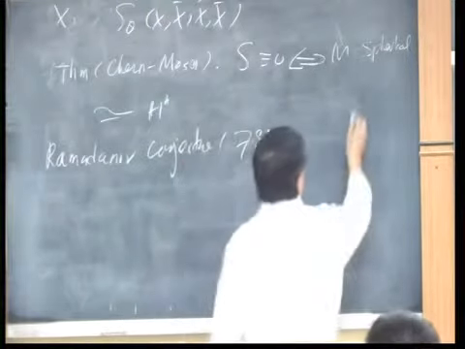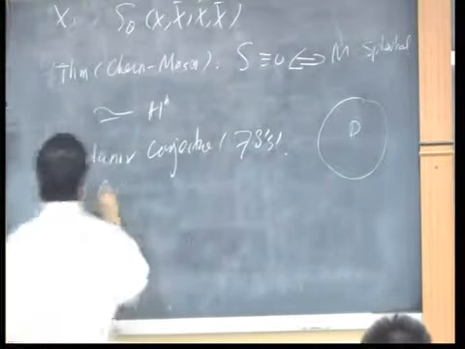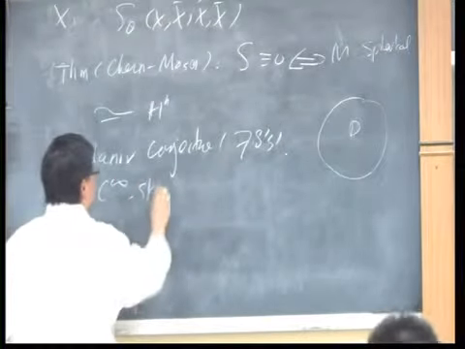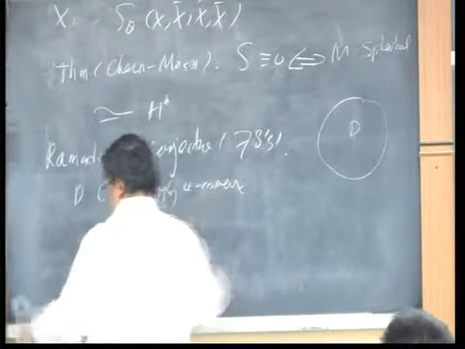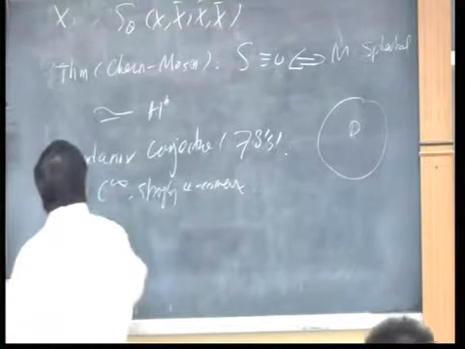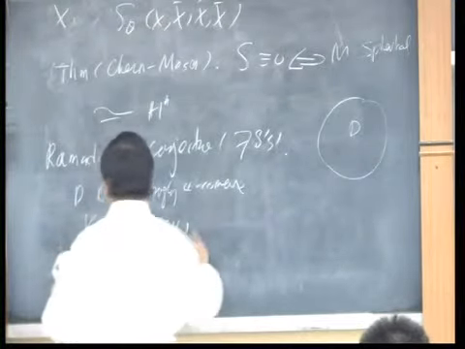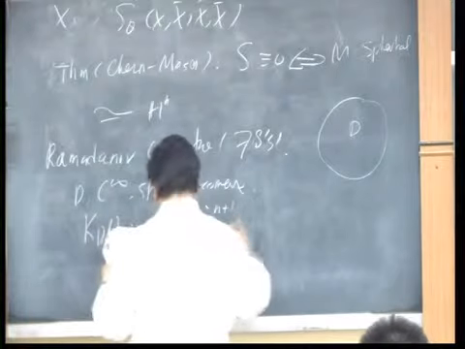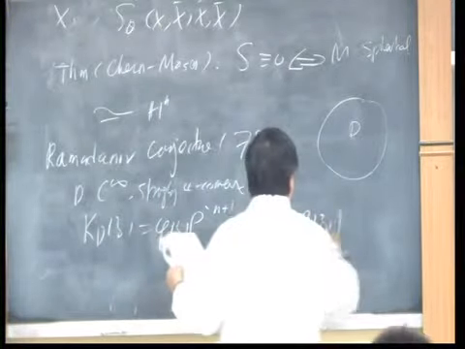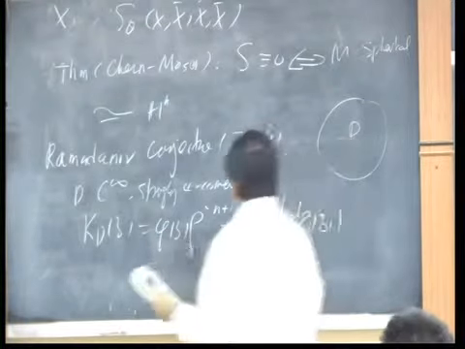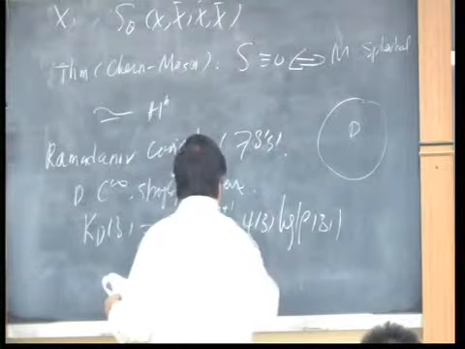So if you look at a strongly pseudoconvex domain, the boundary is strongly pseudoconvex. Then you look at the Bergman function. The Bergman function has an asymptotic expansion, where rho is the defining function. What you know is that this is infinitely smooth up to the boundary.